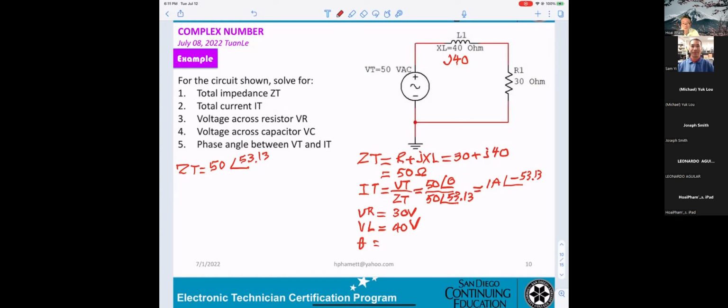I don't know, I don't care for now. Nobody is asking about that phase. The answer for the phase angle, you can see, is 53.13. That's what I already told you. The phase angle right here is 53.13.